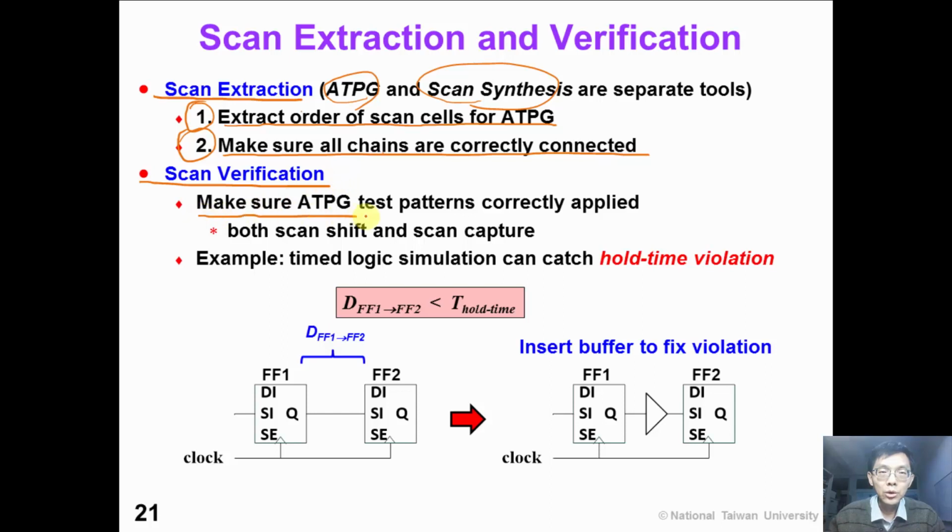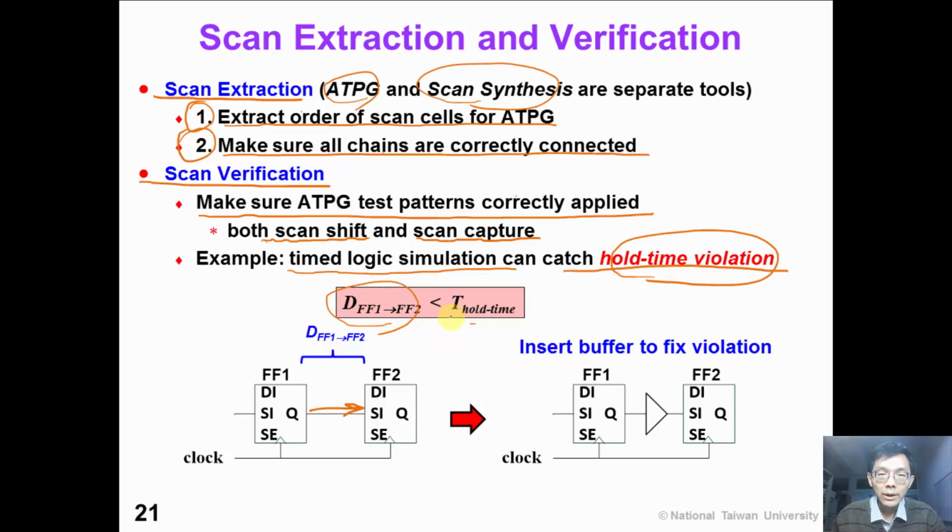We want to make sure that ATPG test patterns can be correctly applied, both in scan shift and the scan capture. For example, we can run timed logic simulation to catch hold time violation. A hold time violation means that the delay between two neighbor scan flip-flops is too small.